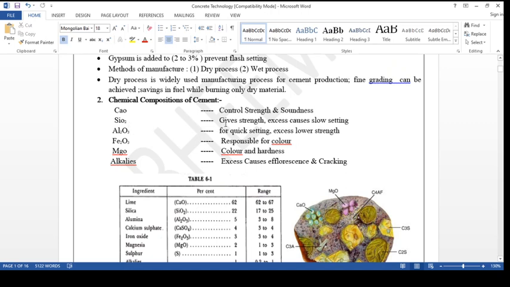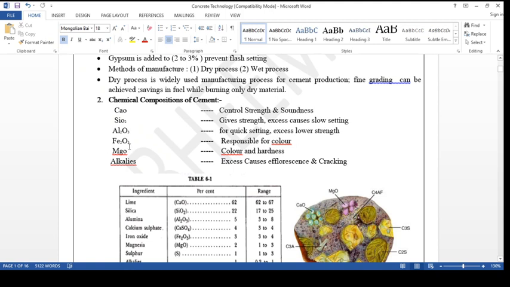Silica is used for giving strength, and excess causes slow setting. If you require slow setting, you can add a little more SiO2. Al2O3 is for quick setting, and excess lowers strength. If you need quick setting of the cement, you can add a little more Al2O3, and automatically you get quick setting and, with excess, lower strength.